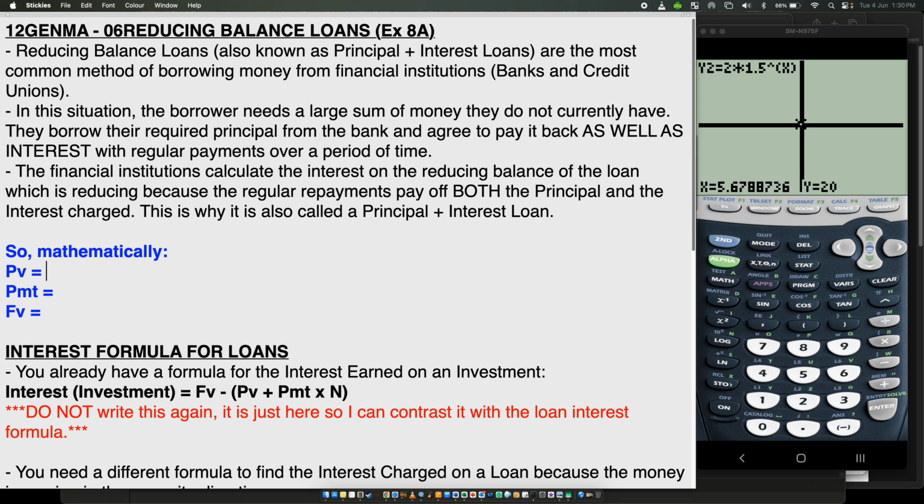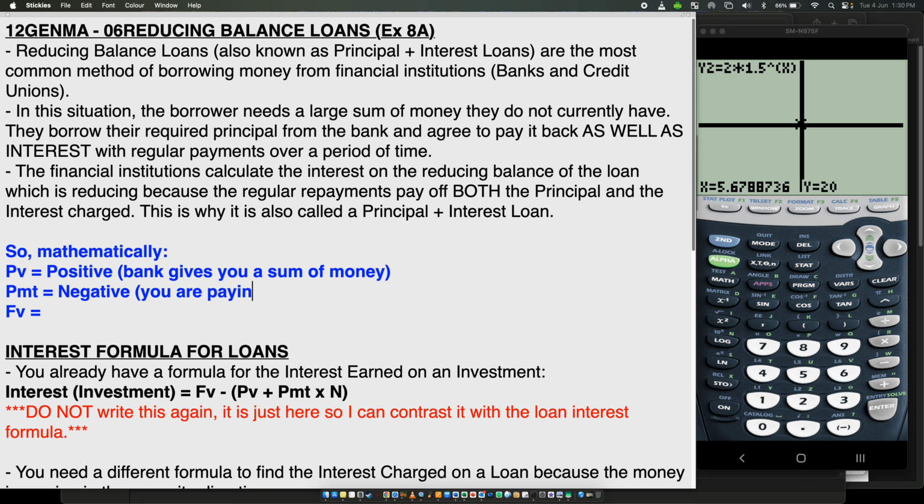So if the bank is giving you a giant chunk of money straight up, what sign is PV going to be? Positive. Well done. Bank gives you a sum of money. However, you are paying the bank back. So what is PMT going to be, positive or negative? Negative.